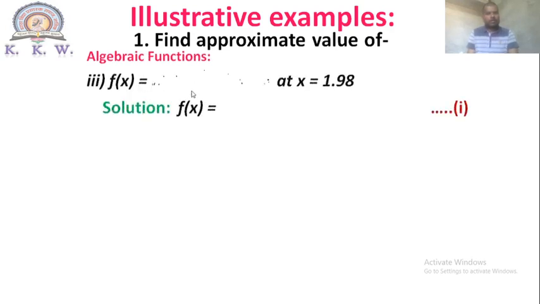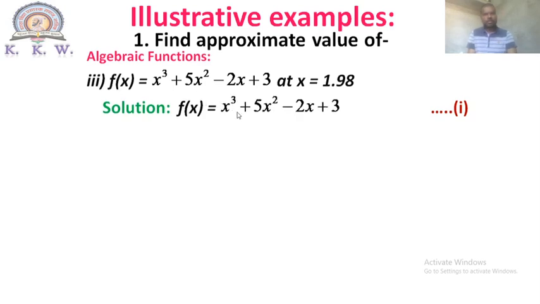F of x is equal to x cube plus 5x square minus 2x plus 3 at x is equal to 1.98. We have to find approximate value of this function at x is equal to 1.98. Now function is already given. We will keep f of x as it is. Therefore f of x is equal to x cube plus 5x square minus 2x plus 3.